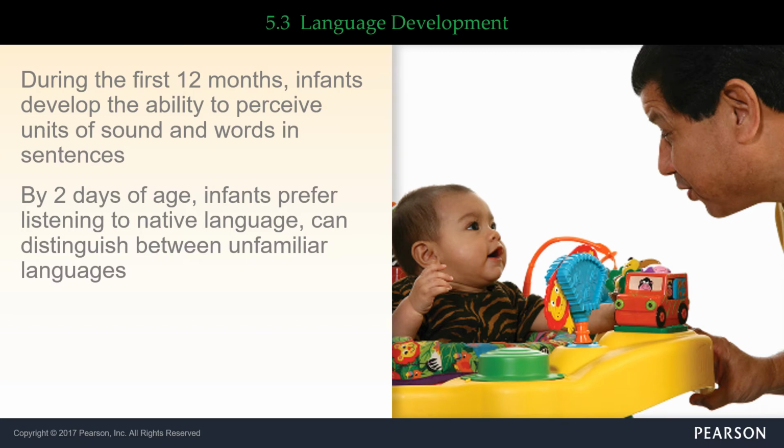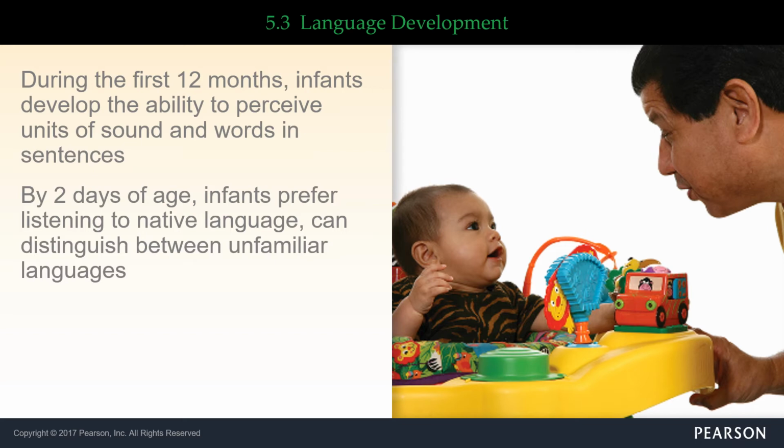During the first 12 months, infants develop the ability to perceive units of sound and words in sentences. And so they're recognizing how language is organized.